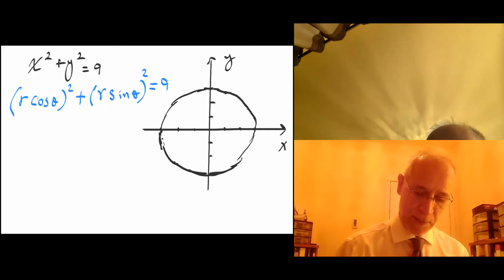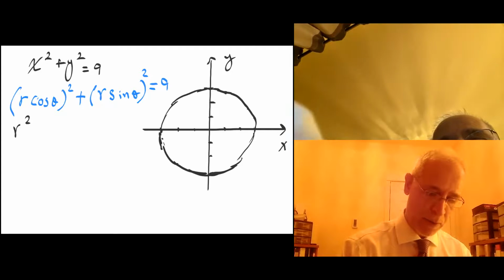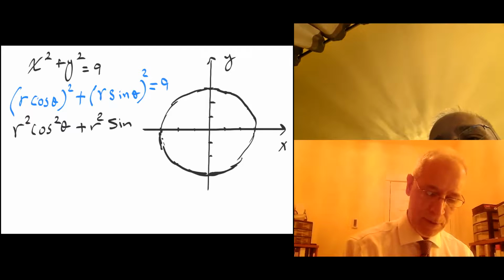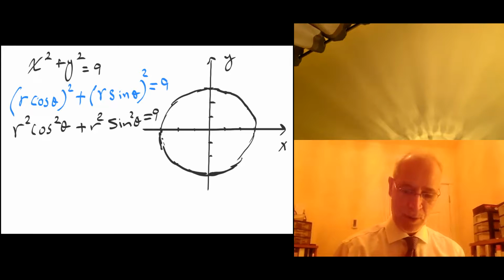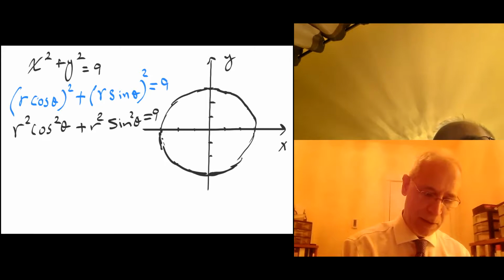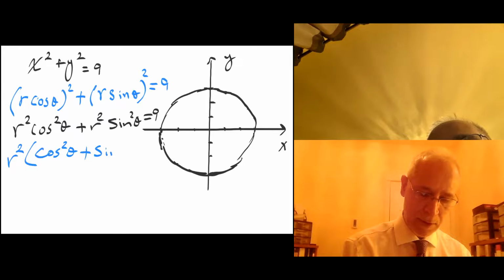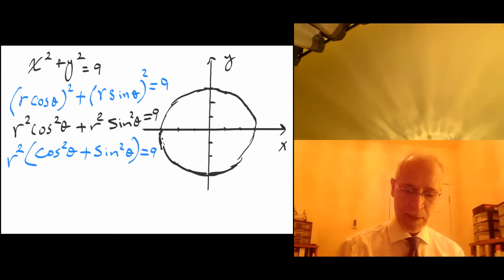And this is the same as saying r squared cosine squared of theta plus r squared sine squared of theta equals 9. And notice I can factor out r squared, so that gives me r squared times cosine squared of theta plus sine squared of theta equals 9.